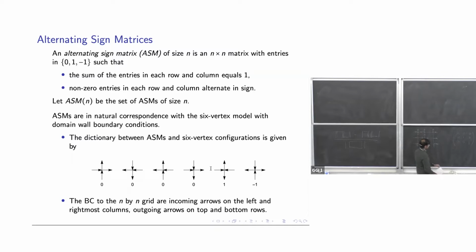And then I've got a 1 on this bottom right, so I know that I've got this. And then you just fill in the rest, because now you've got a place where 3 arrows are known, and because you know that you need to have 2 incoming and 2 outgoing, you can just fill in that one. So this one is that. And now this induces this one to have 3. So you know that you've got 2 outgoing and 1 incoming, so this needs to be an incoming, and then you just proceed. So that's the dictionary.